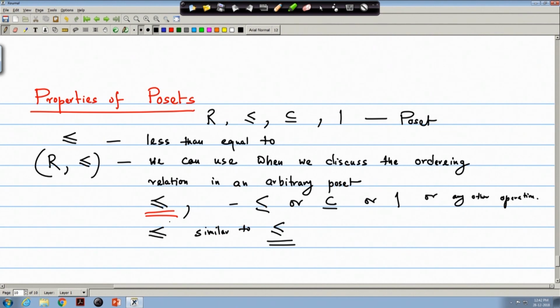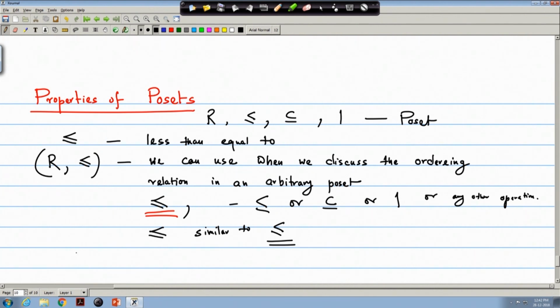So now onwards we will be using this notation to represent an arbitrary poset, and we will also use the term less than or equal to, but we must note that this is not always less than or equal to. This can be any other operation also regarding one arbitrary poset.